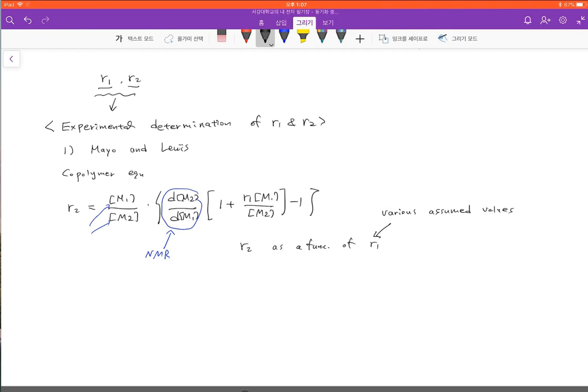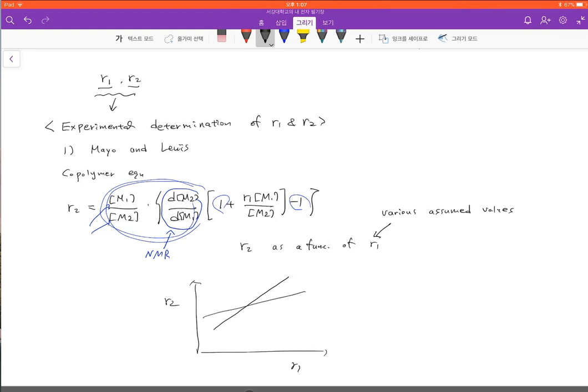But here we don't know what R1 is, so we use various assumed values of R1, and since we have all the information about these constants, you can just plot R2 as a function of R1. They should be proportional to each other, right? Because the other parts are all just constants. So we'll have a linear plot.